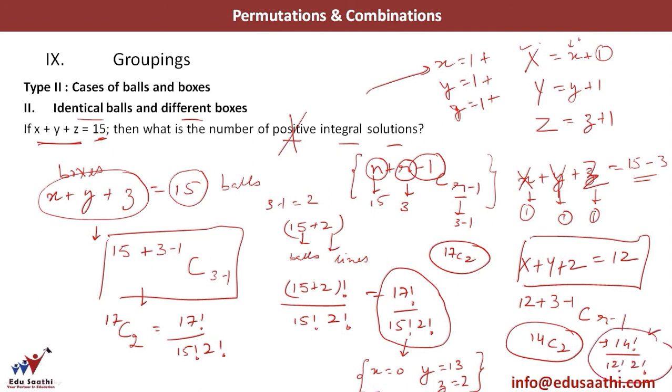The same thing. So this capital X, capital Y and capital Z denote that 1 ball is already in all the boxes. If I've placed 1 ball in each of the 3 boxes, the number of balls left with me is 15 minus 3, 12. So this is just a way to solve these kinds of questions.